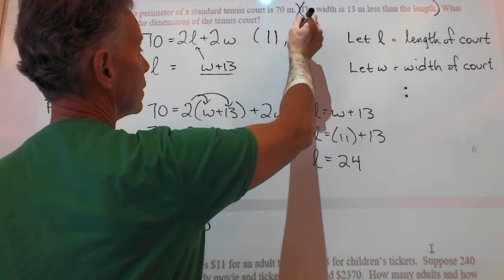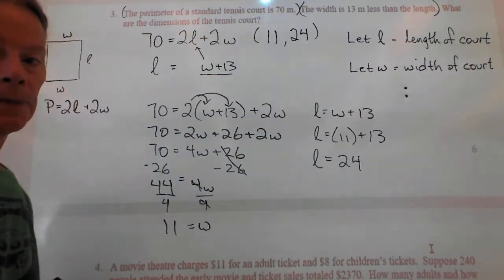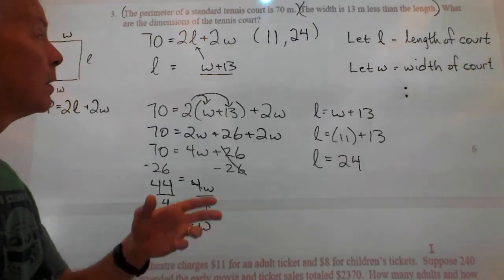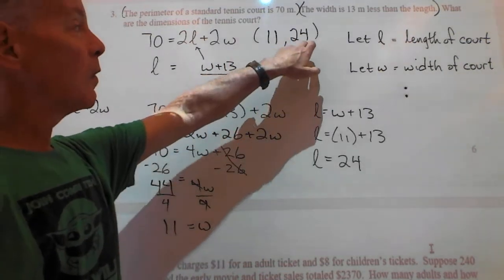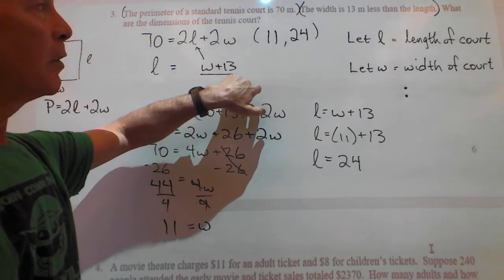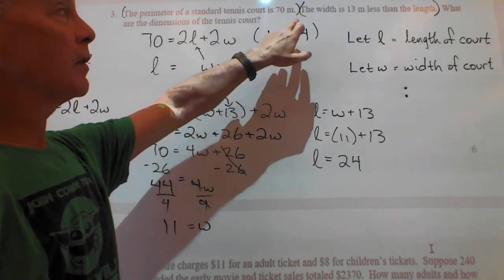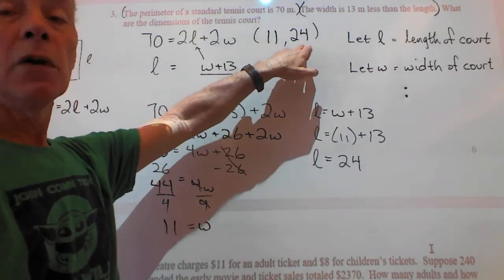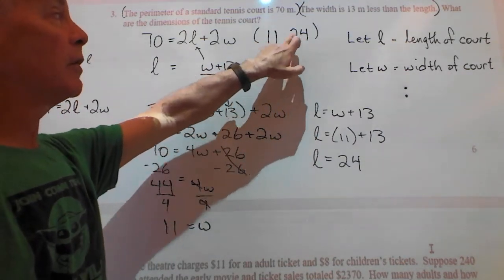And we have our length. Okay? So we can verify this in our heads. Is 24 13 greater than 11? Right? Because we've said, remember, the width is 13 less than the length. Well, yeah, it is. If you add 13 to 11, you do get 24.